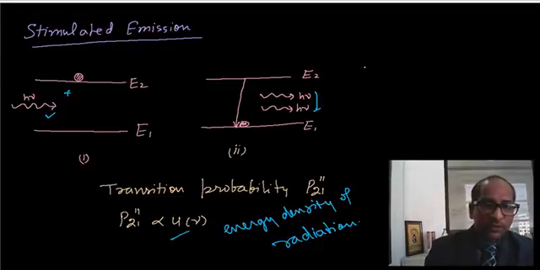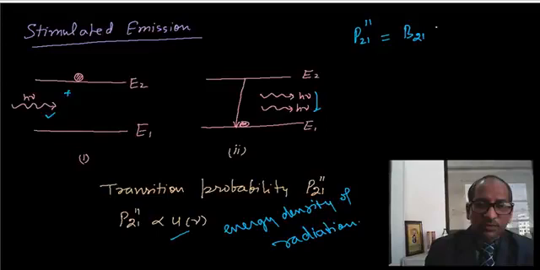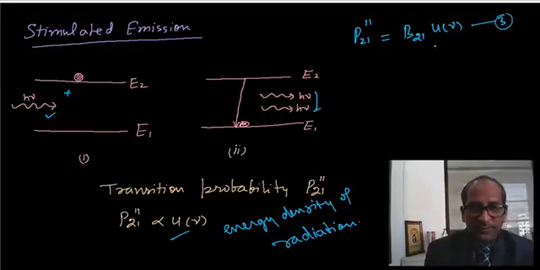When we write it in a proper way, P21 double prime equals B21 U nu, where B21 is the proportionality constant, known as the Einstein coefficient of stimulated emission. This is the third equation.